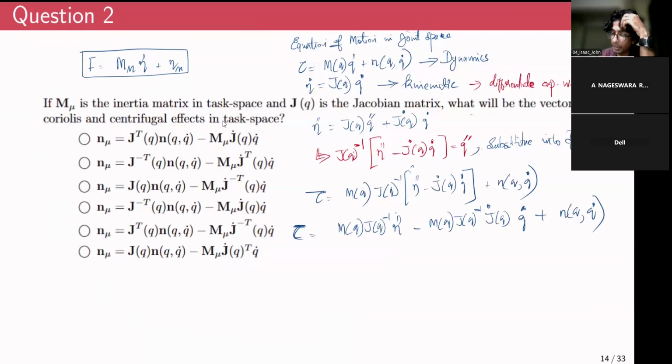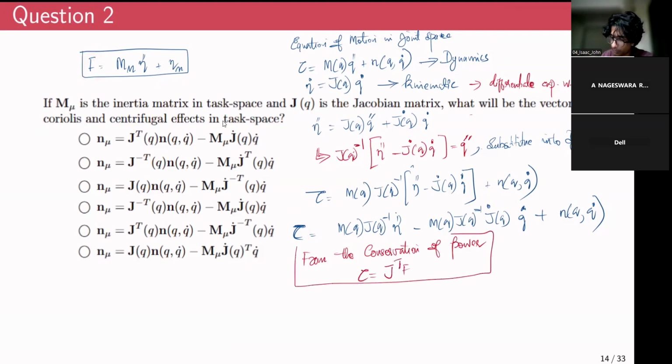Now, in the previous class, we also derived, from the conservation of power, the mapping between the vector of generalized forces and moments tau and the forces in the task space, which is nothing but tau equals J transpose F. We can obtain this relation from the conservation of power.